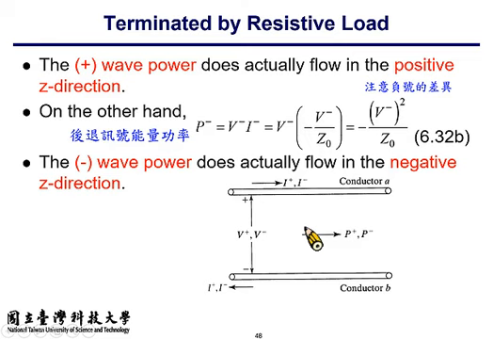So you see that the arrowheads labeled P plus and P minus both go to the right-hand side, the positive z direction. Therefore, the expression for P minus comes with a minus sign that tells you that in fact the power is going in the backward direction. Okay?